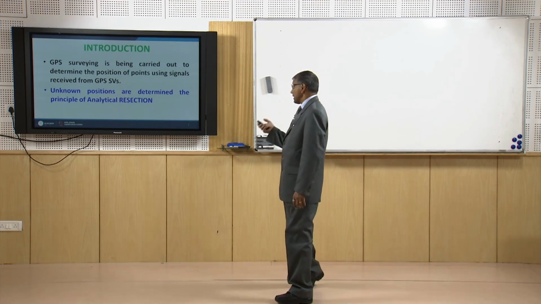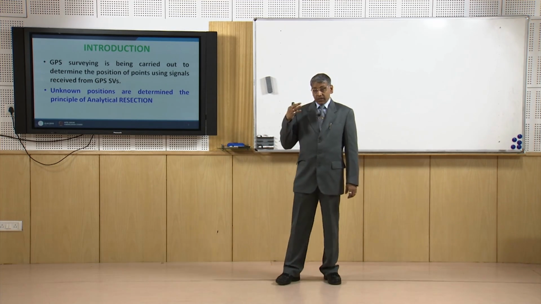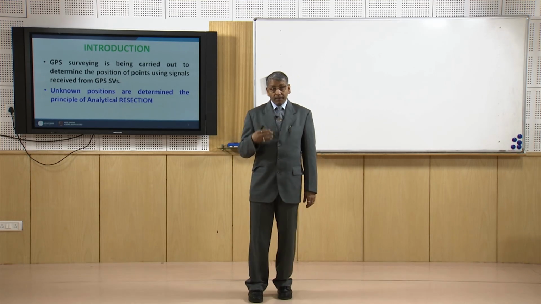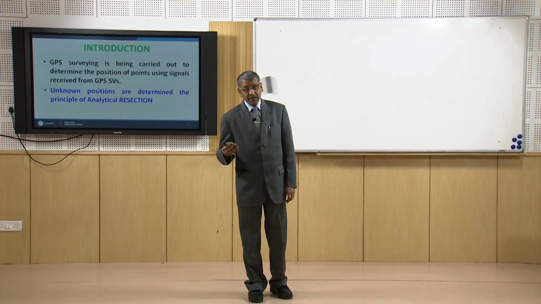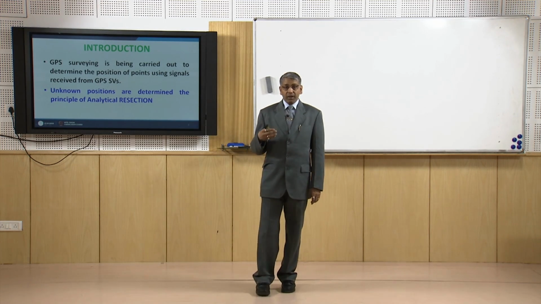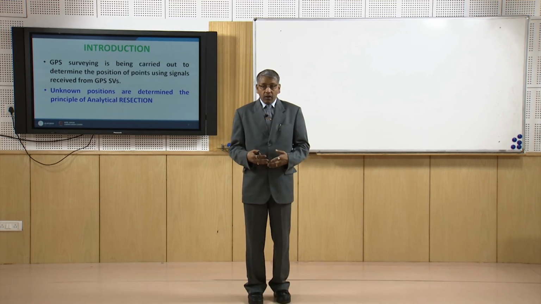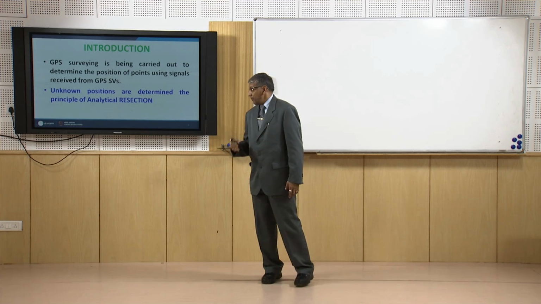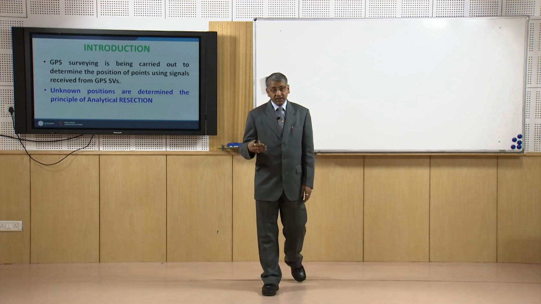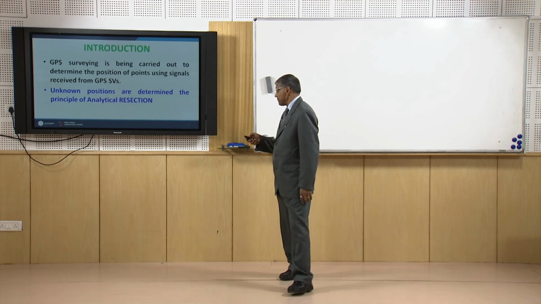Now in GPS this determination of the location of points is done by the method known as resection, or we should say more precisely, the analytical resection. Now what is that method?